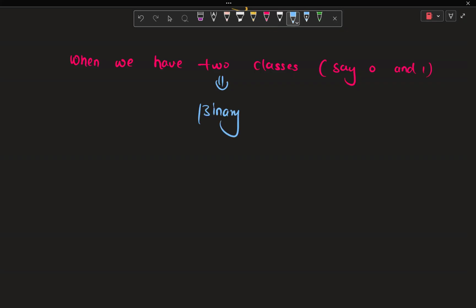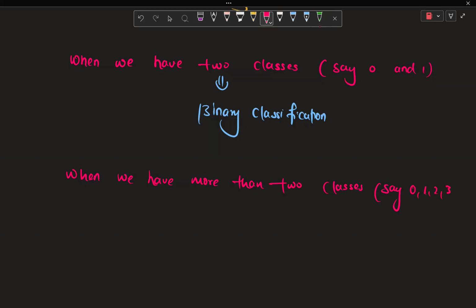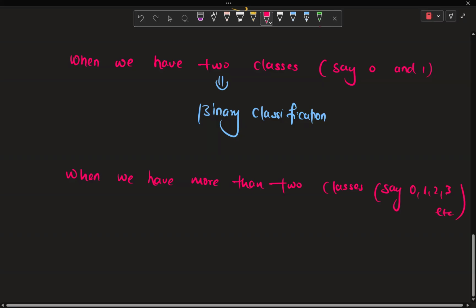When there are more than two classes, for example four classes, this is called multi-class classification.